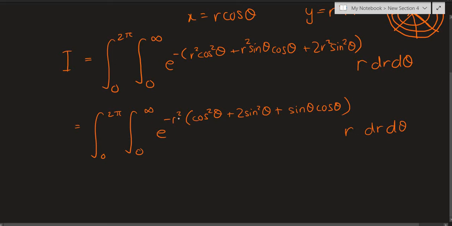Now the interesting fact is we have an r squared, and the derivative of r squared is 2r, so we have r here as well. So we need 2r, right? So we can multiply and divide by 2.